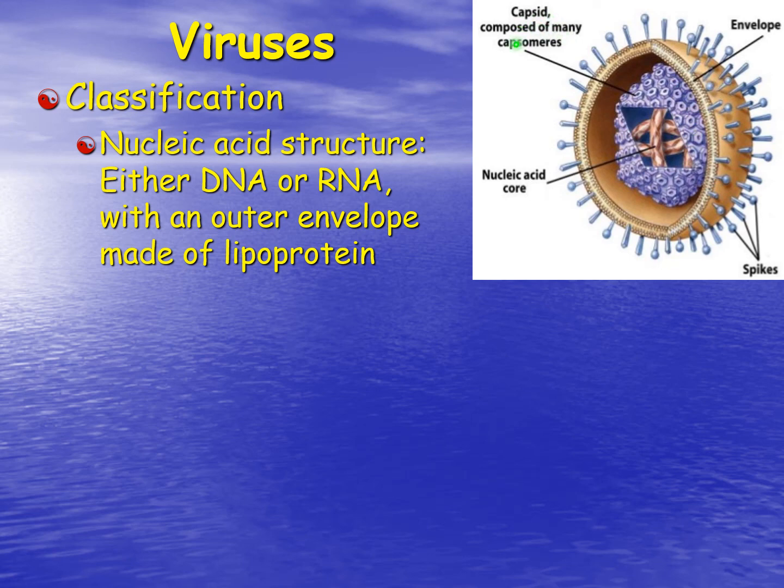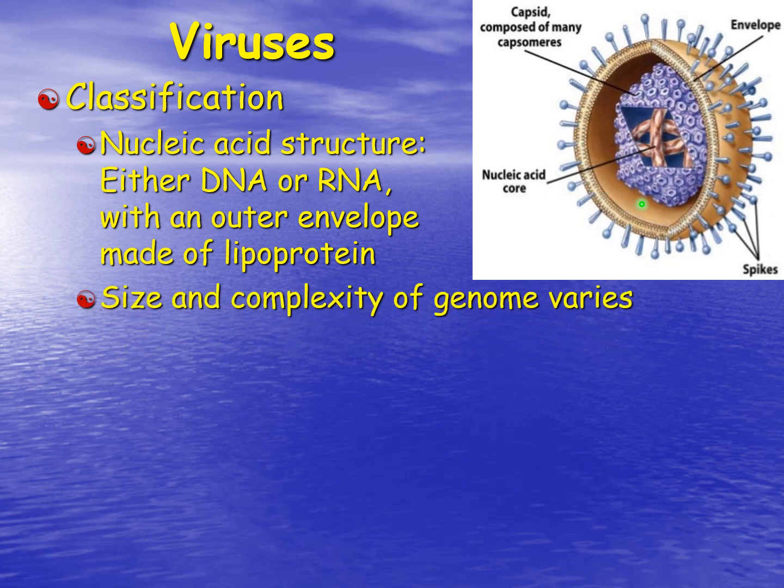The capsid is composed of many single proteins called capsomeres. Some viruses then have a phospholipid envelope with spikes, and these spikes are involved in attachment. Others are simply naked, or non-enveloped, and the spikes are on the surface of the capsid.